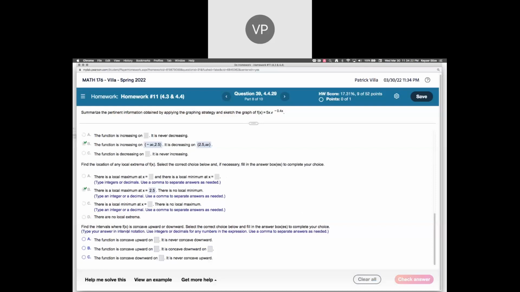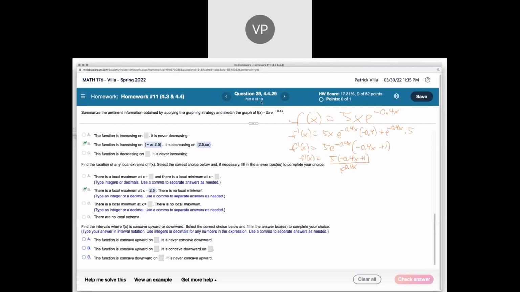All right, find the intervals where it's concave up or down. So we have to take that derivative again. And I did erase that, which I should have left on the screen. So let's just do that again real quick. All right, so remember, okay, so you see here, back to our derivative that we just used, our first derivative.